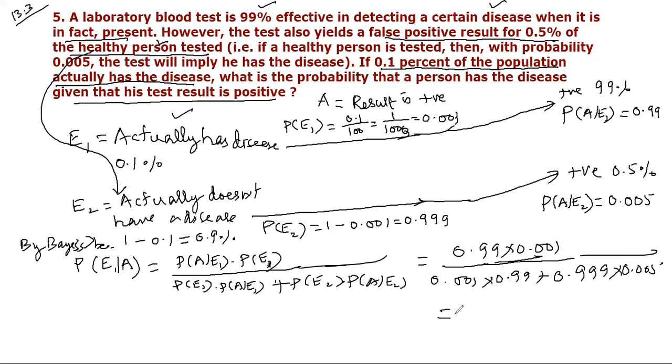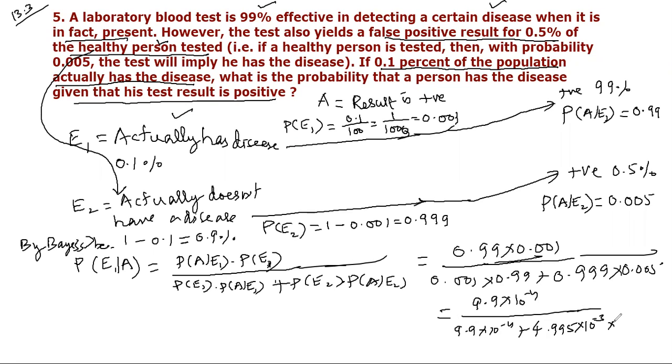So you will get 9.9 into 10 raised to power minus 4, plus 4.995 into 10 raised to power minus 3.